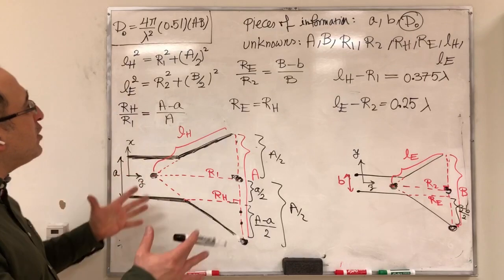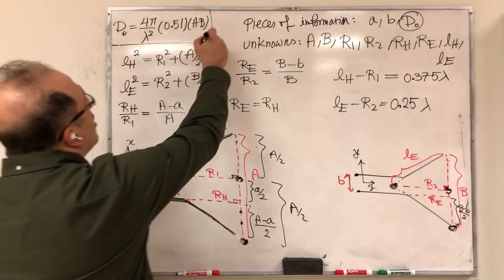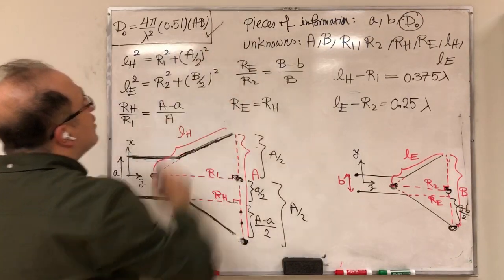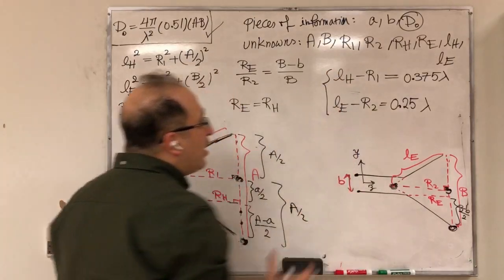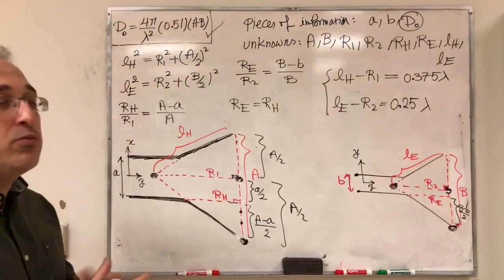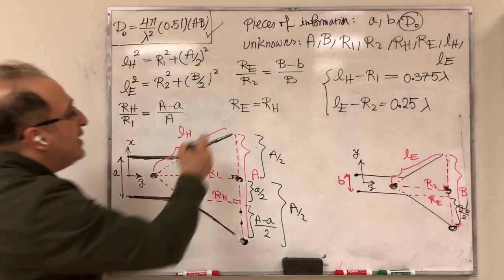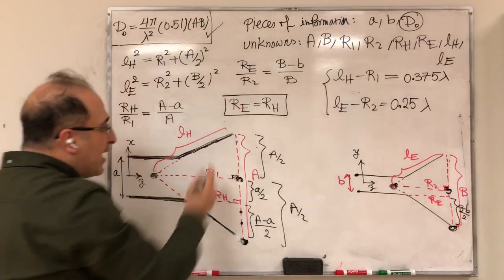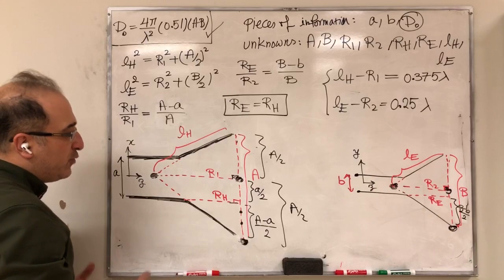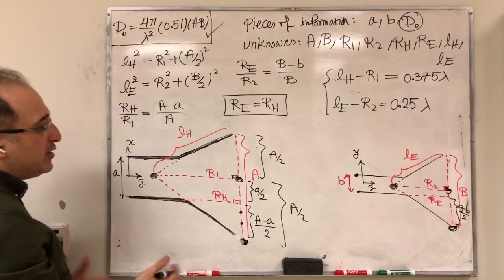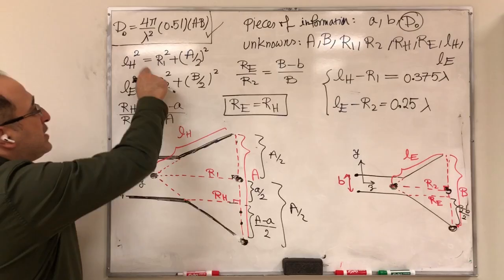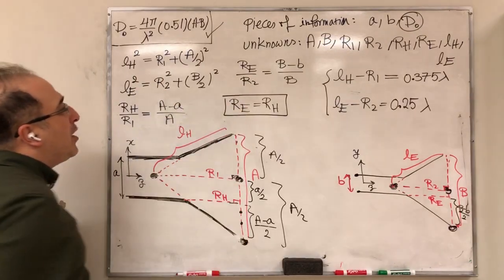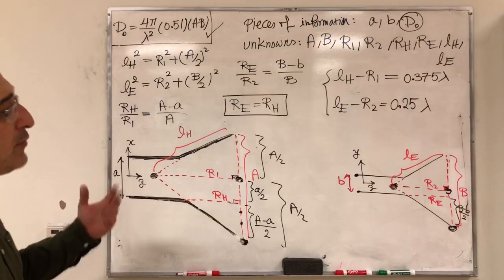So if I want to summarize, this is coming from, of course, antenna theory. This is also from antenna theory, keeping in mind that we don't want too much out-of-phaseness. This thing here comes from the fact that we need to fabricate this, and to be able to fabricate a 3D horn, we need RE to be equal to RH. And these fours are coming from geometry.